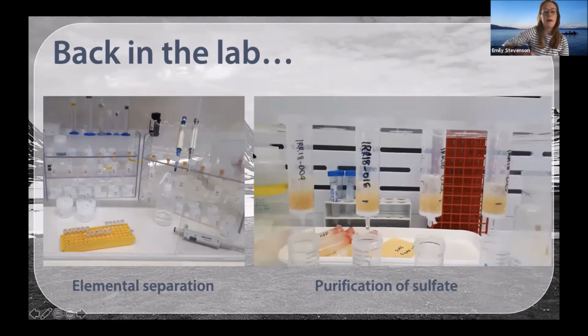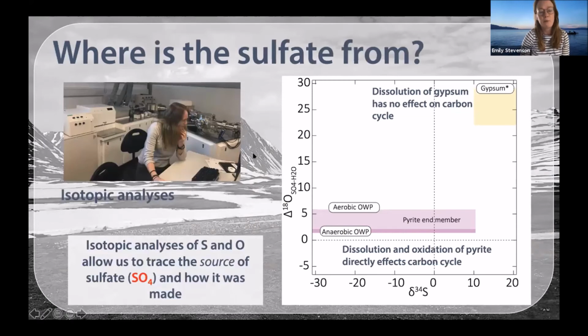Okay, so we're trying to find out, is there sulfide mineral oxidation happening in the watershed? And whilst we found lots of sulfate in the water, it doesn't necessarily mean it comes from sulfide mineral oxidation. There are various types of sulfate. Not all of them affect the carbon cycle.